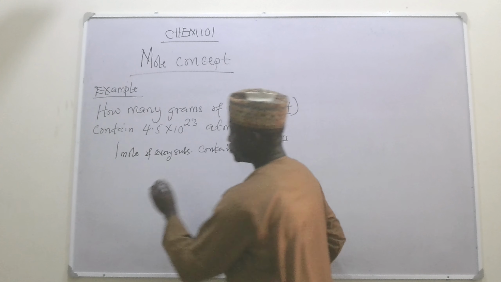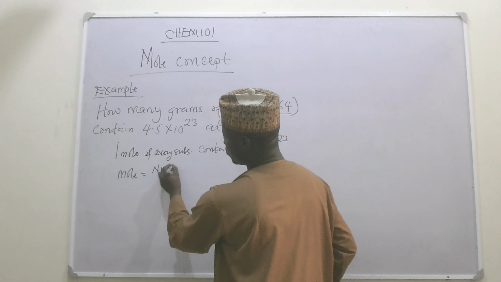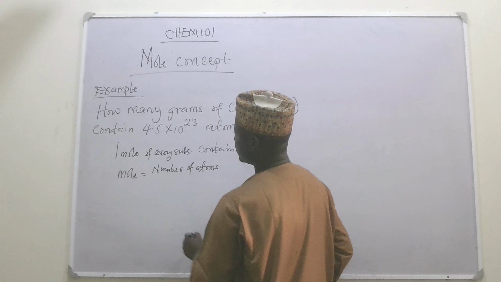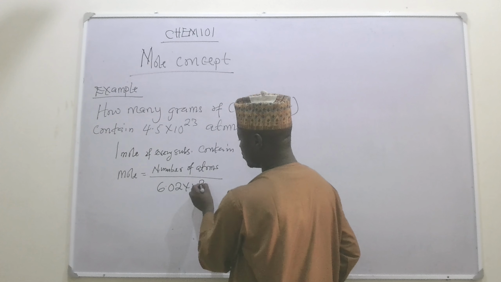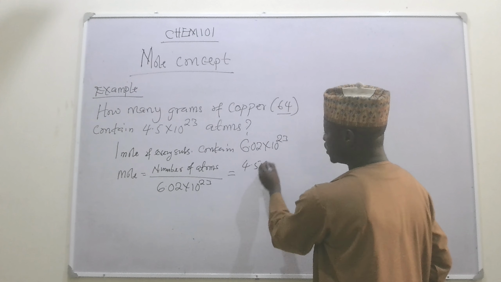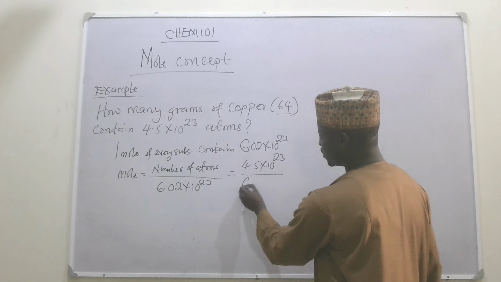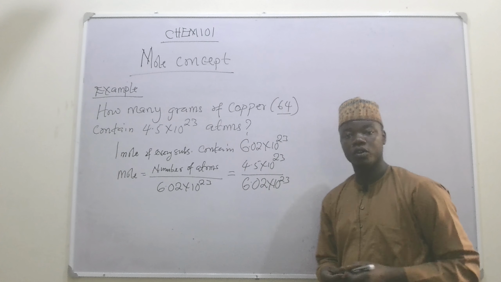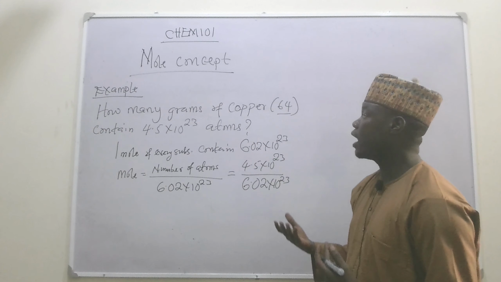Number one, we know that mole is equal to number of atoms divided by 6.02 times 10 raised to the power of 23. Here we are already given the number of atoms, which is 4.5 times 10 raised to the power of 23, divided by Avogadro's number, 6.02 times 10 raised to the power of 23. We have the number of atoms, but what we want is the grams.